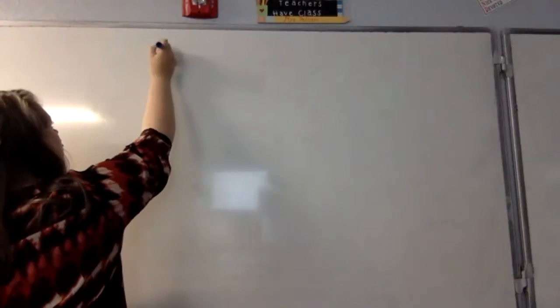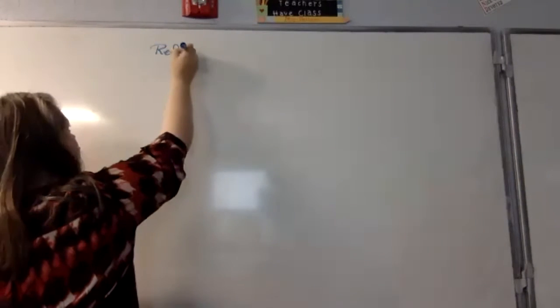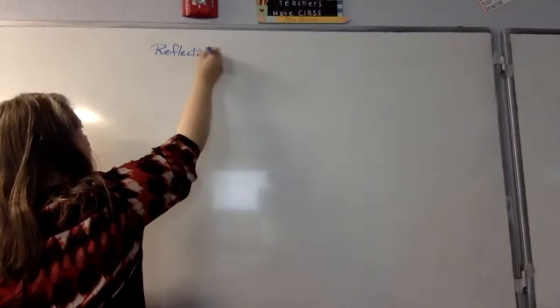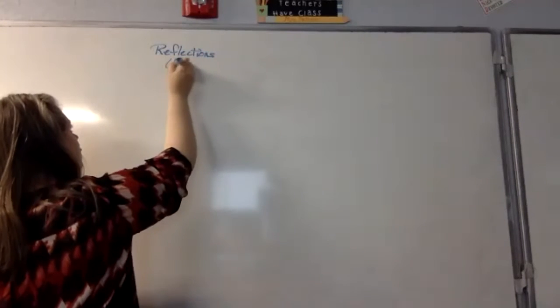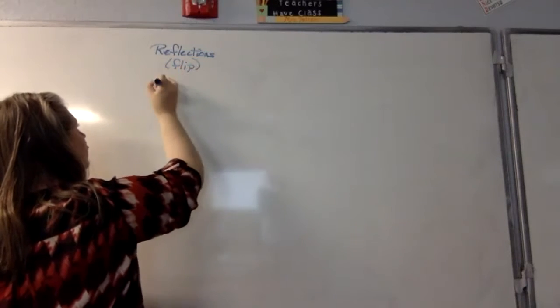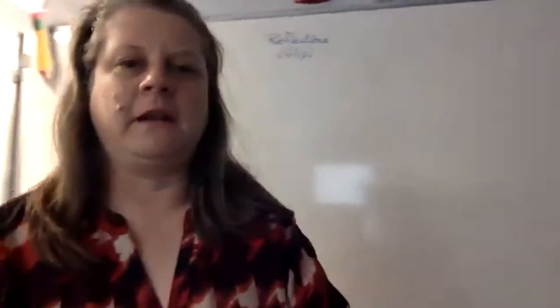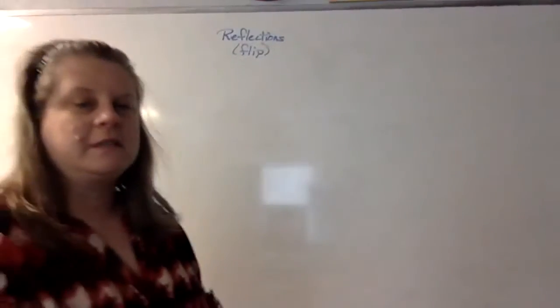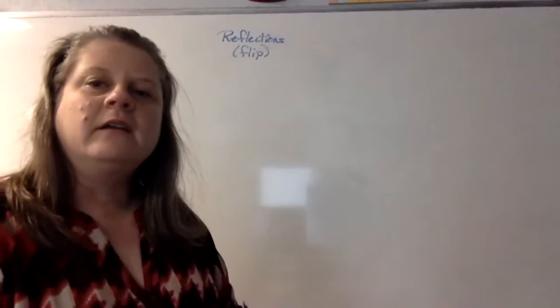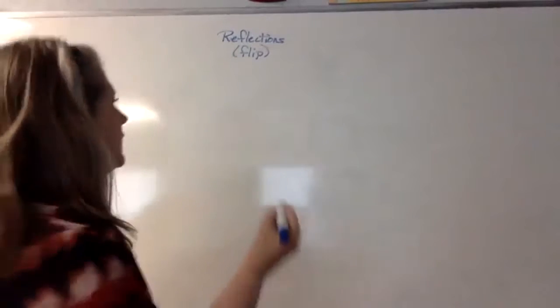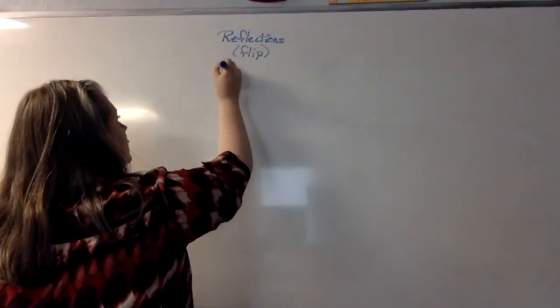The first ones that we had were reflections. Remember the fancy word for reflections is a flip. Okay, that's your official mathematical term. Just kidding. Reflections is the official mathematical term. But you can think of it as a flip. Another one that we had was a translation.